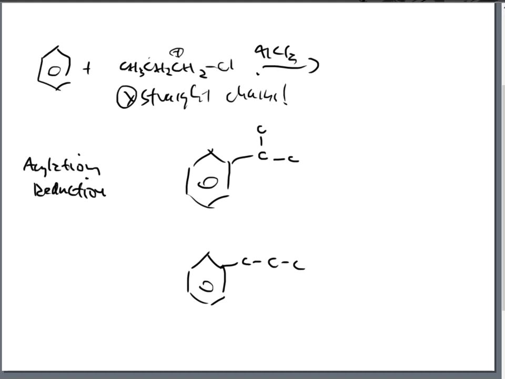But this says acylation, not alkylation. I know. That's what I meant. Let's take benzene, and let's say that I want to add on a 3-carbon chain. Well, we can do that quite easily with an acyl group. There's 3 carbons, right? There's 3 carbons. Okay, now what?